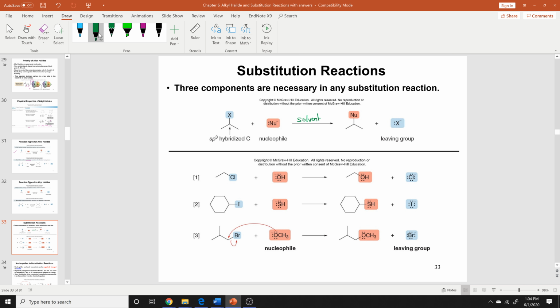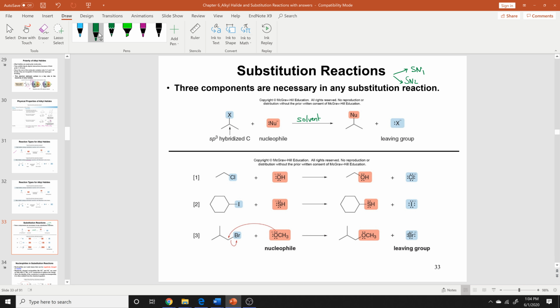So all of these are basically important in order to determine what type of mechanism I have in substitution. Normally in substitution there are two mechanisms. There is an SN1 mechanism, a nucleophilic substitution reaction, reaction order 1. And then the SN2 mechanism, a nucleophilic substitution reaction, reaction order 2.